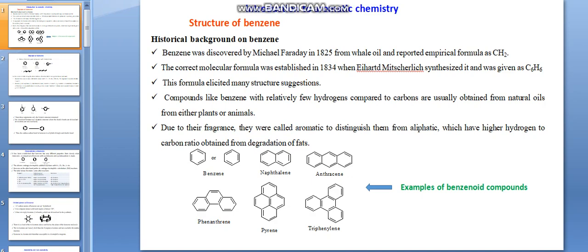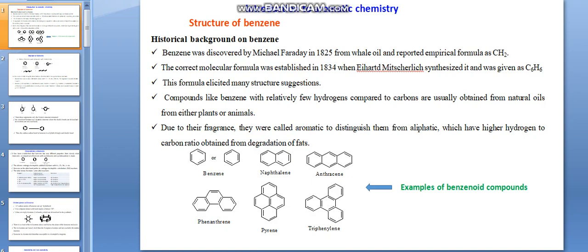Therefore, several structures emerged, and it was very difficult to establish the real structure of benzene. Benzene itself is aromatic, in the sense that it has some aroma, and several structures emerged from benzene, like naphthalene, anthracene, phenanthrene, and several others.